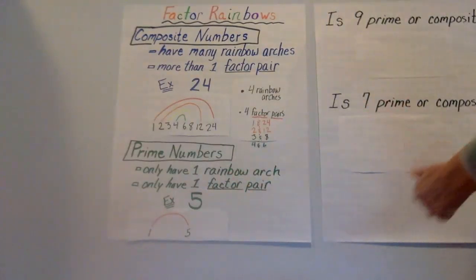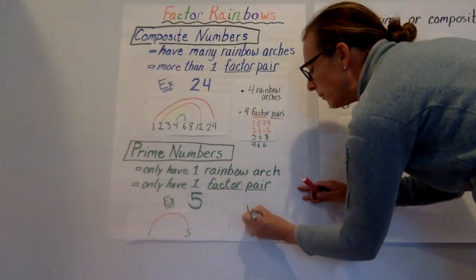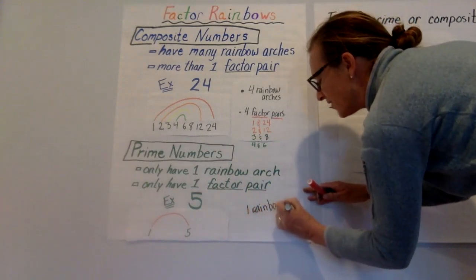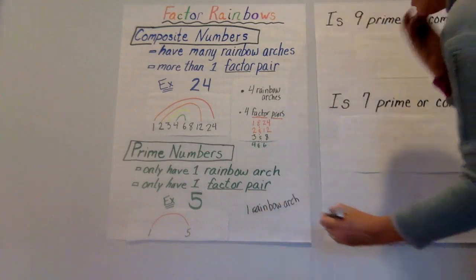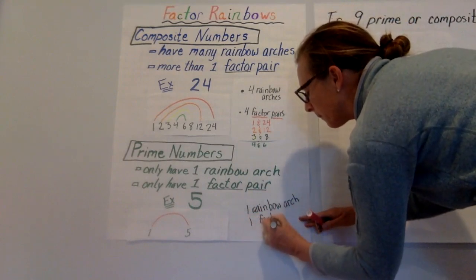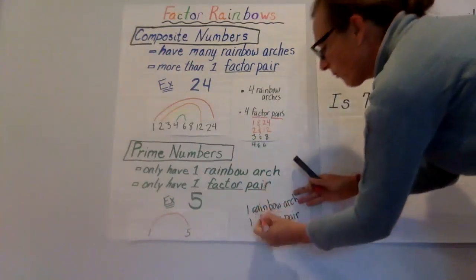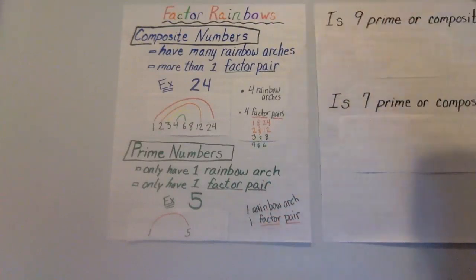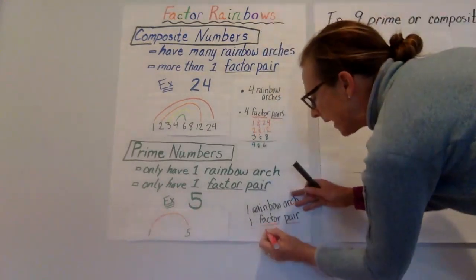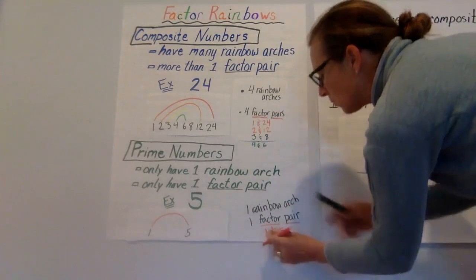One rainbow arch, and we know that there is only one factor pair. The factor pair, remember, is the numbers attached to the rainbow arch, and I know those numbers are 1 and 5, because 1 times 5 is 5.